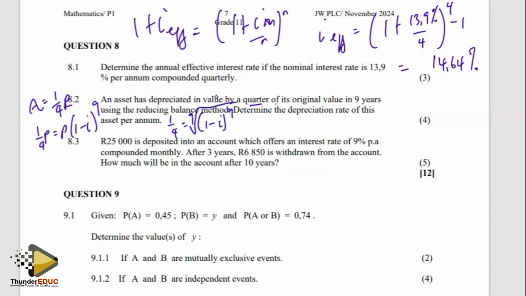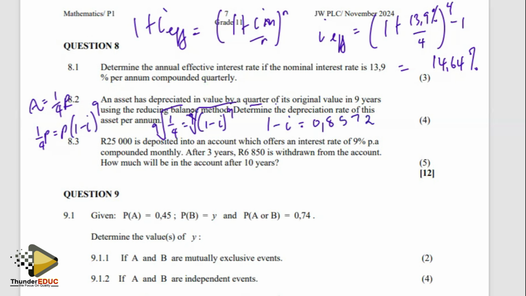I need to find the 9th root on either sides. Then I'll be having 1 minus I is equal to the 9th root. Okay. We know that the 9th root of 0.25 is 0.8572. Move the 1 that side.